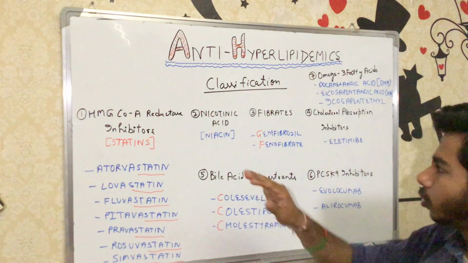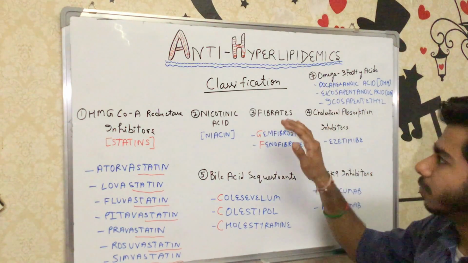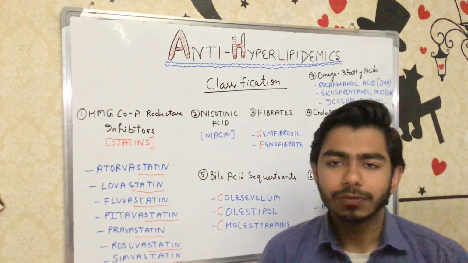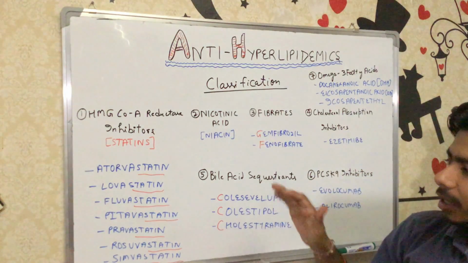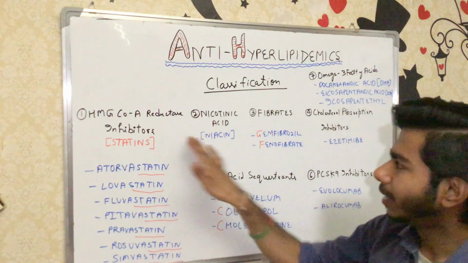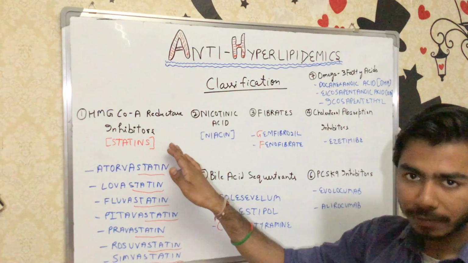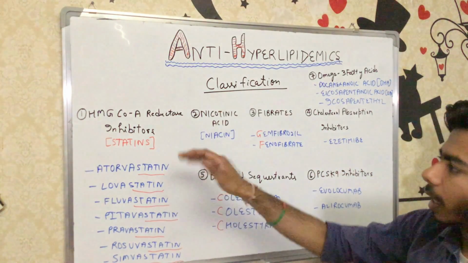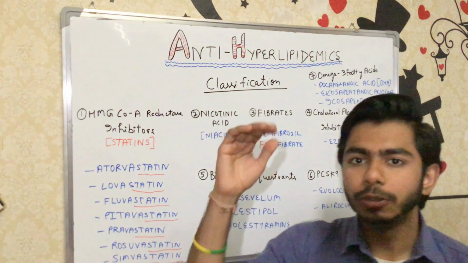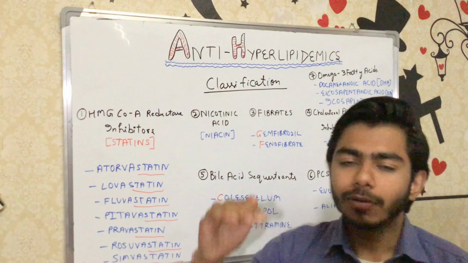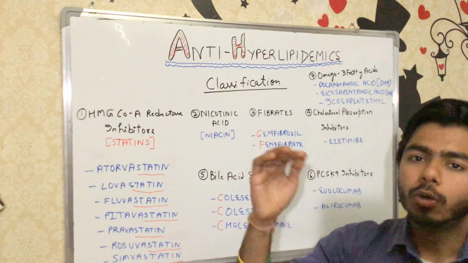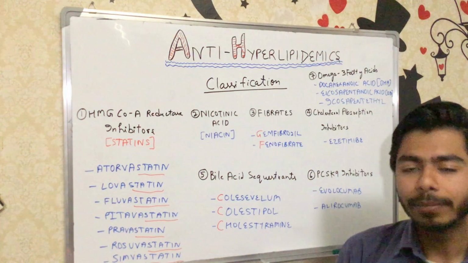So in total there are 7 categories under the classification of anti-hyperlipidemics. In the next video I will talk about each and every category in detail, how the statins work and how they lower the amount of cholesterol and low density lipoproteins in our blood, as they are bad cholesterol.